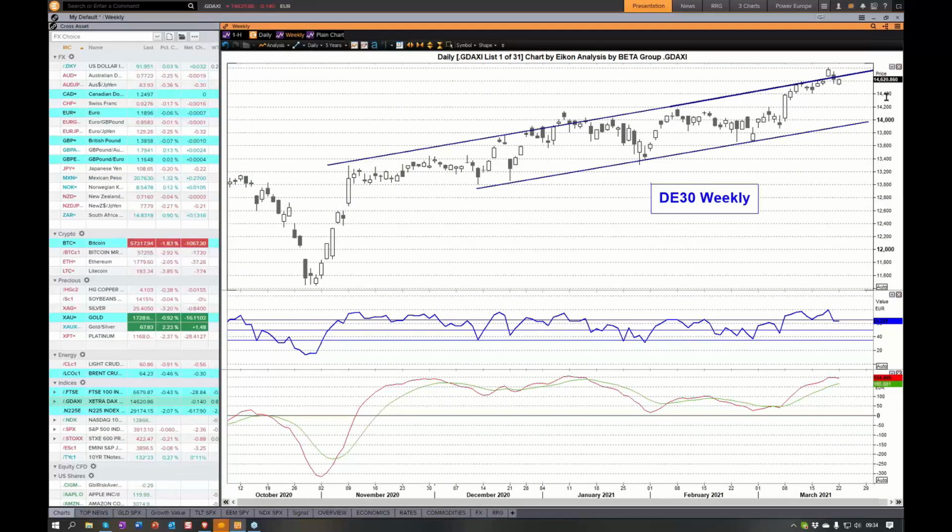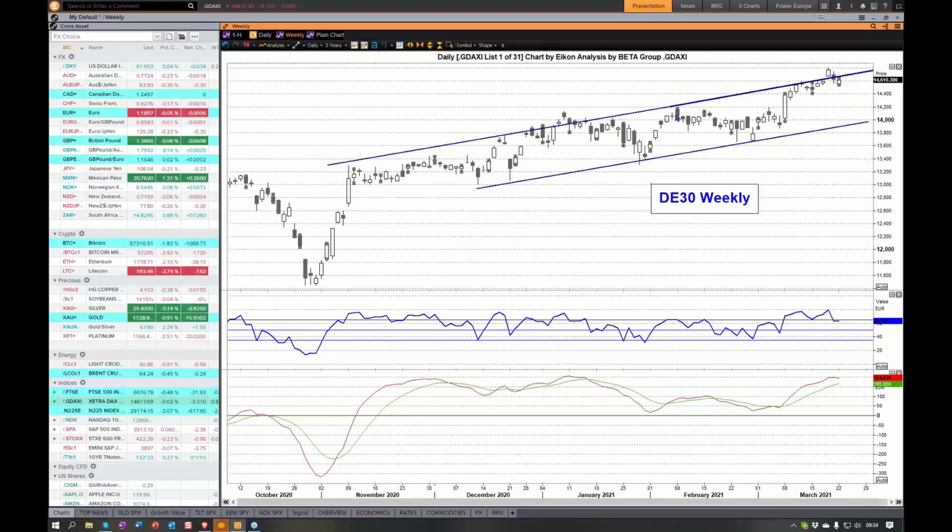So the German D30 here, we have this channel in here, and we've been really quite regularly contained by it. It's not a great line here. I should make it a dashed line. The RSI is strong. It's just come down through 65 from above, indicating a correction is due.